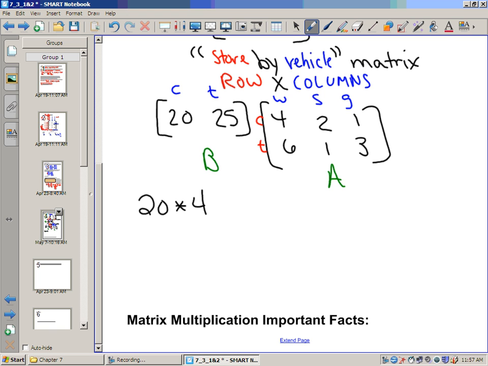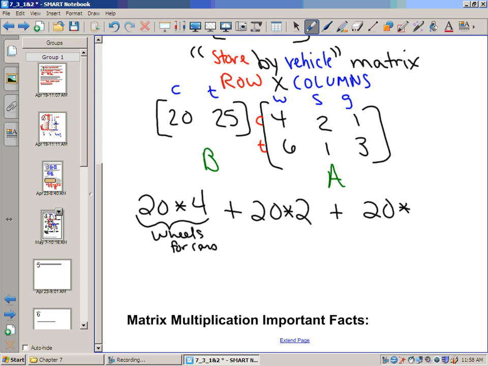Okay, 20 times 4 would give me the total what? Wheels, okay. Yeah, plus 20 times 2 for the seats, plus 20 times 1 for the gas tanks.